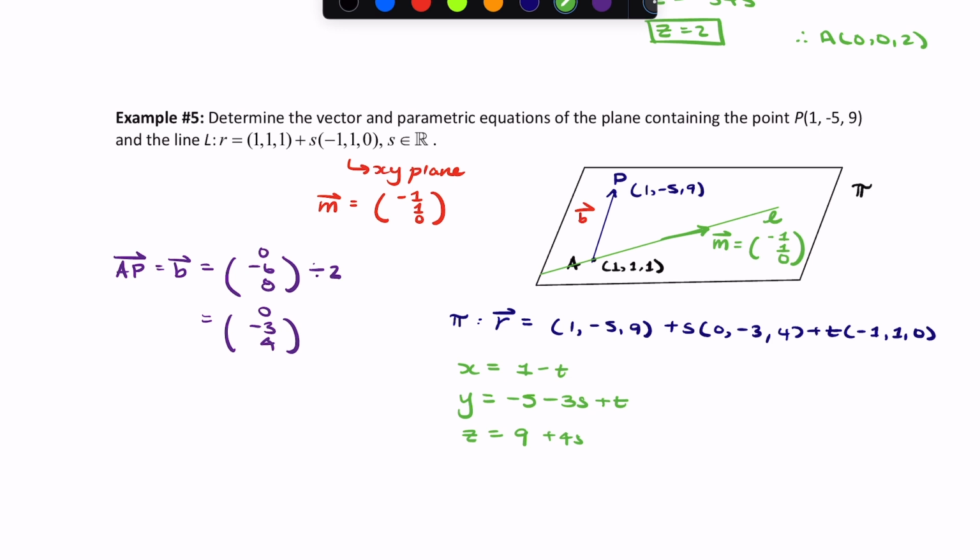So those are vector and parametric equations for this plane containing the point 1, -5, and 9 that lies on this line.